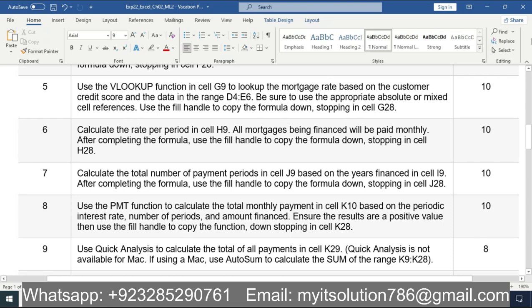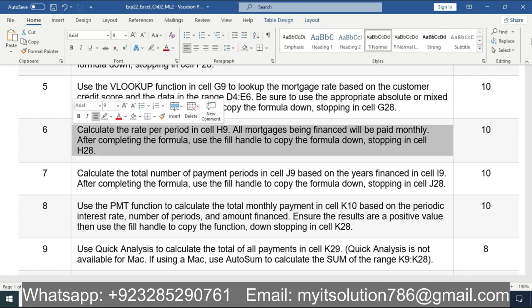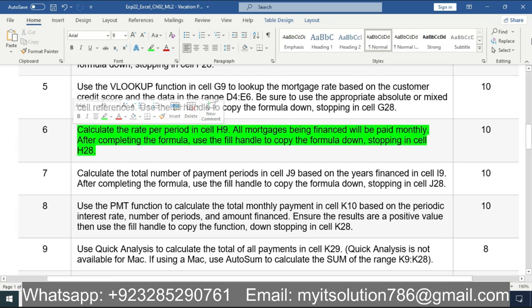So we go on to step number 6. Our step number 6 is calculate the rate per period in cell H9. All the mortgage being financed will be paid monthly.